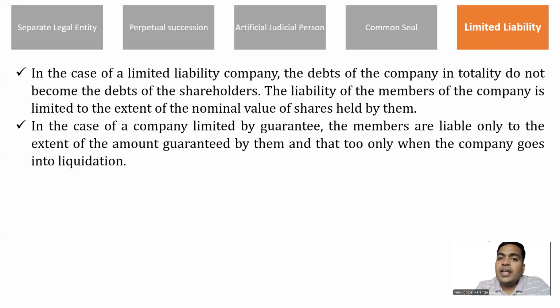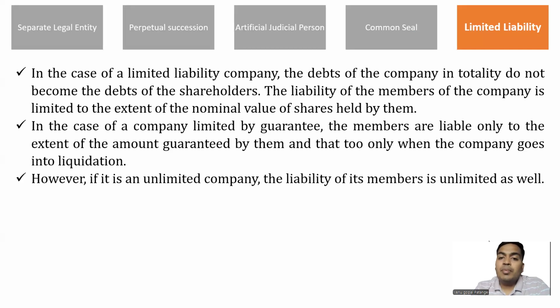You cannot claim more than 1 lakh from the party. You cannot go for claiming their personal private properties in case of any default by the company. So in case of limited by shares, up to the nominal value of the shares. In case of limited by guarantee, the guarantee mentioned in the MOA.